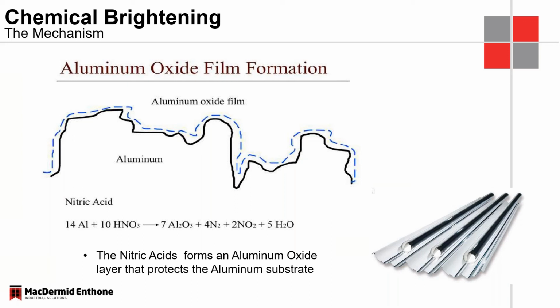The nitric acid actually forms an oxide film on the aluminum and protects the surface. It will stop the dissolution, and that's exactly what it's designed for in this system.